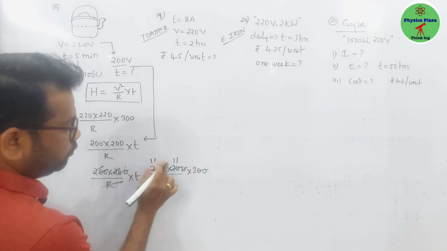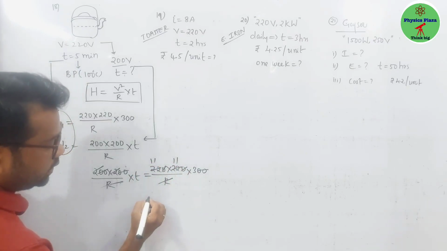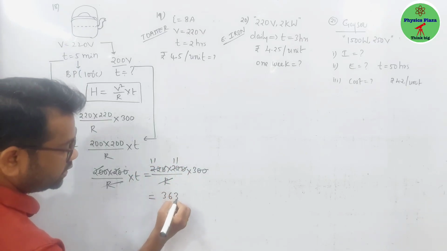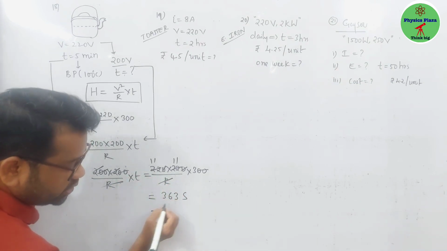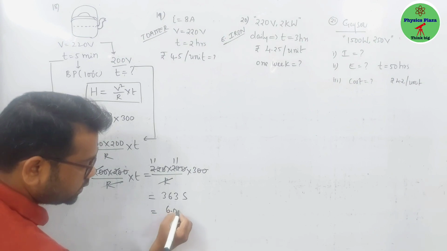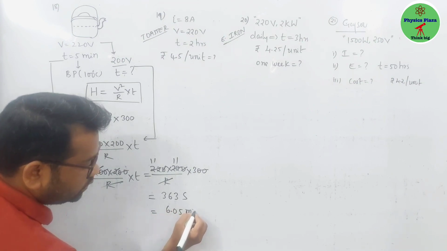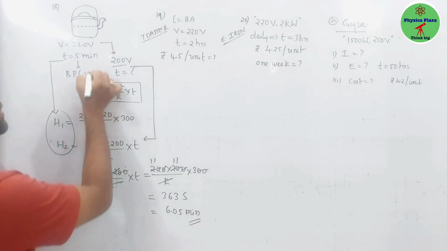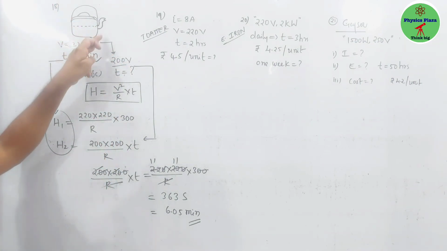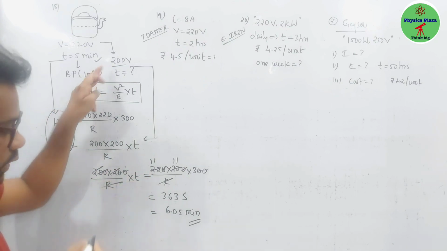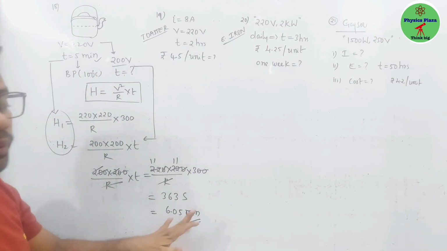So this will be 121 into 3, 363 seconds. If you convert this 363 seconds into minutes by dividing by 60, we get 6.05 minutes. Why are we converting into minutes? Because it is given in minutes only. So when the voltage falls to 200 volt, the time taken will be 6.05 minutes.